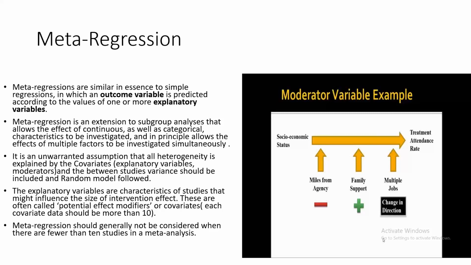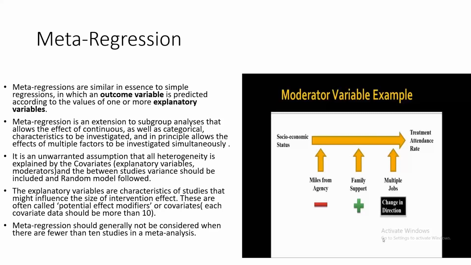Okay, and these variables are called explanatory variables also. So one very simple example of what we are trying to do, and we are trying to do it not with one moderator, we will be trying to do it with 2 to 3 moderators all together in this direct relationship. So one such example I've given you: socioeconomic status and treatment attendance rate.